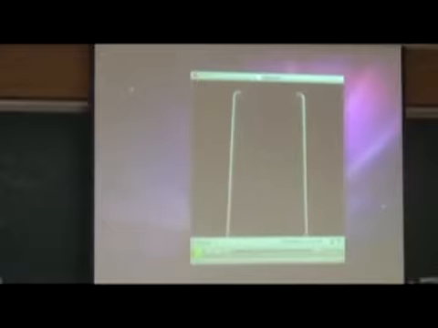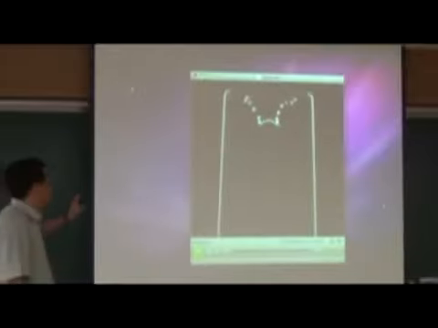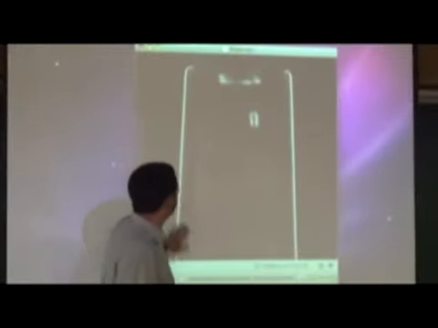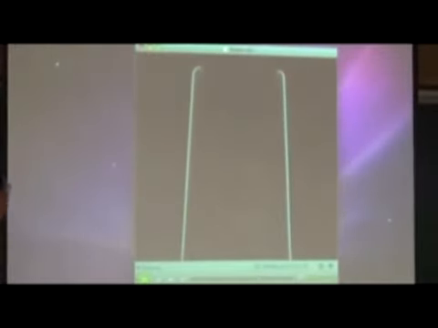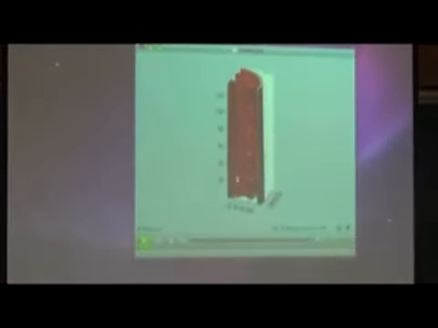We tested about three or four examples. This is also real CT data. You see, there is a lot of natural noise around, so we didn't add any other noise. This data is also about 2G if you load it into the memory. And here is the segmentation result.